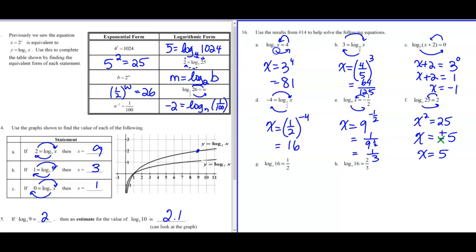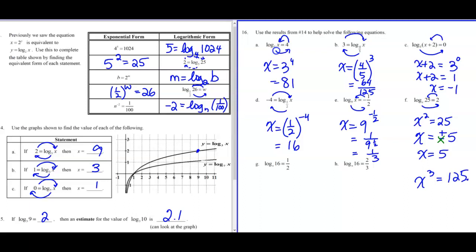If we had an odd value here, then x cubed equals 125. If that was negative, that wouldn't work, right? It wouldn't give you a positive.